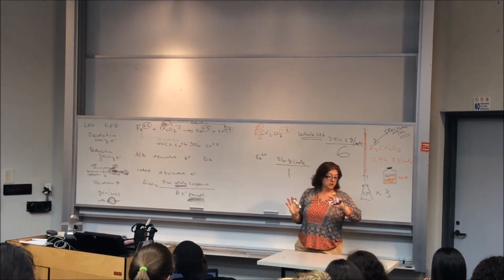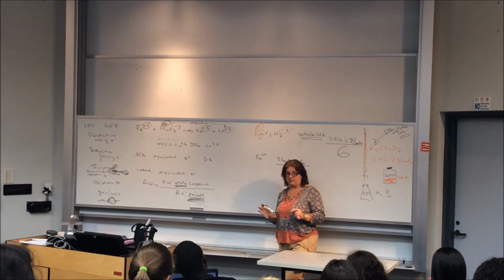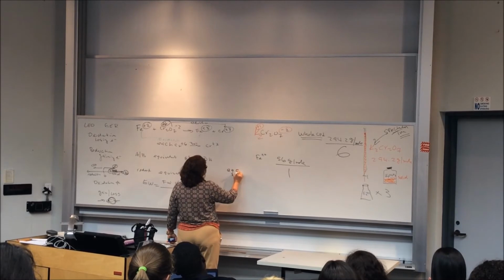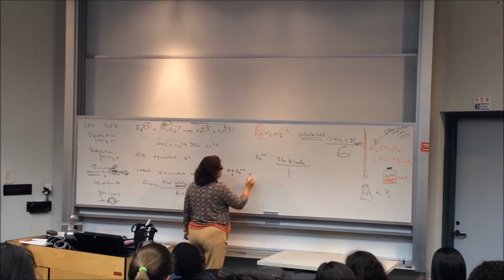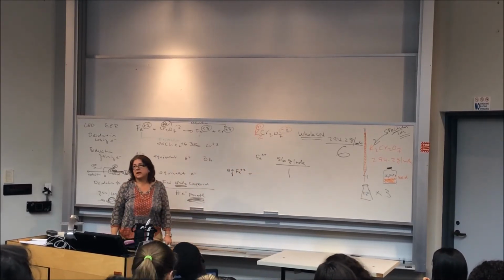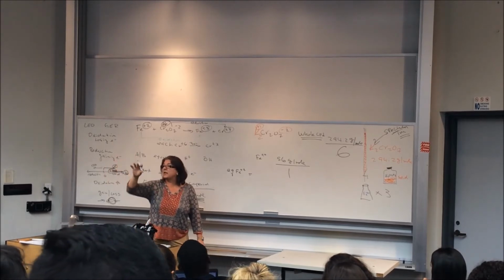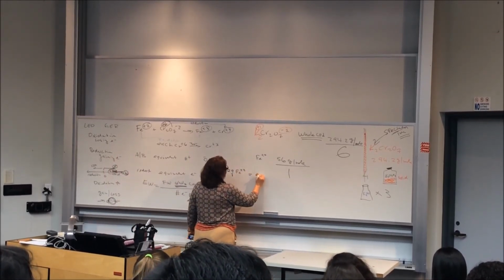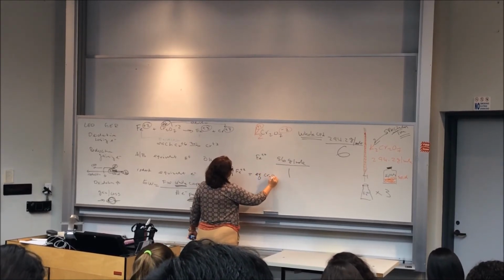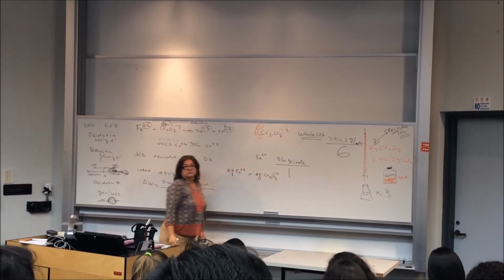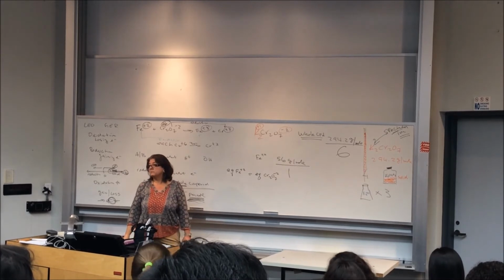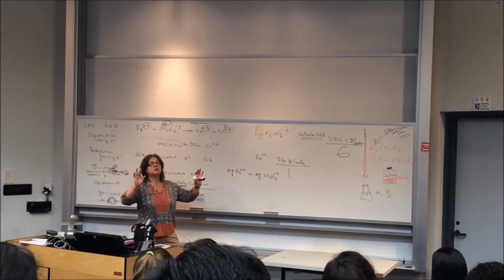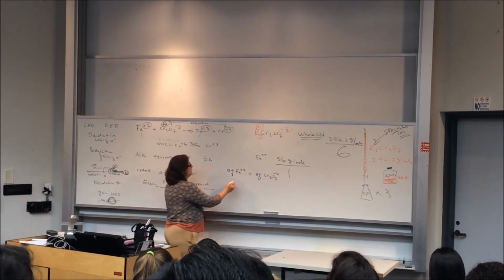The rest of the conversation about normality is exactly the same, and you do exactly what you did in acid-base. It always starts out with equivalents of one reagent equals equivalents of the other reagent. So equivalents of iron equals equivalents of dichromate. And the rest of it, same business as usual.